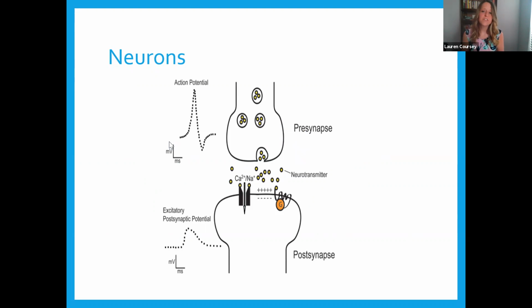These neurotransmitters are chemical signals that travel across the synapse and bind to receptor sites on the dendrites of the postsynaptic neuron. If the neurotransmitter binds to the receptor site, then that message is integrated in the cell body of that postsynaptic neuron.